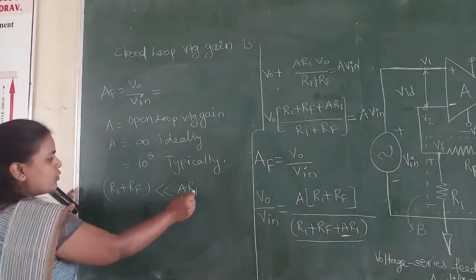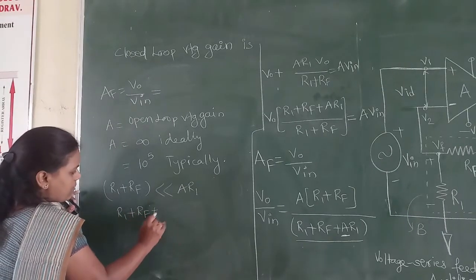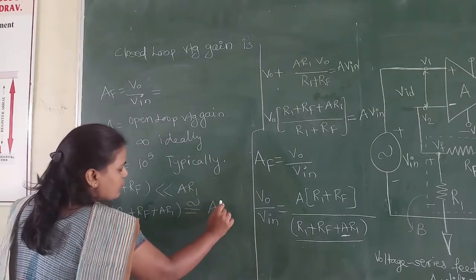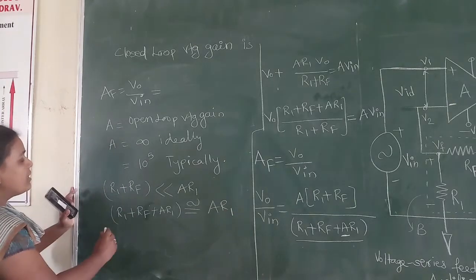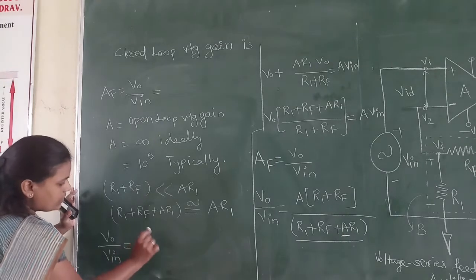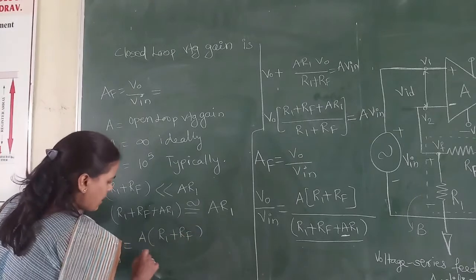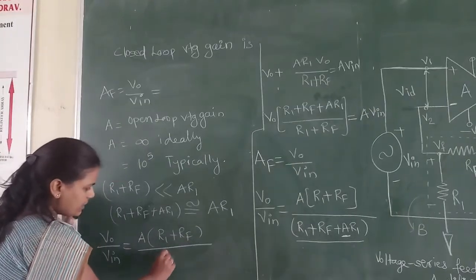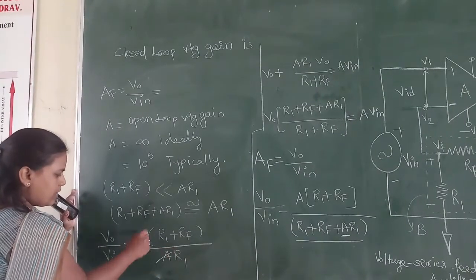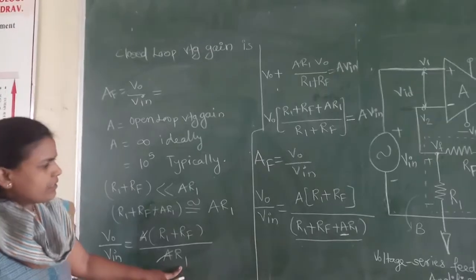If this is very small, the total R1 plus Rf plus AR1 will be approximately equal to AR1, and hence V0 by Vn can now be written as A into bracket, numerator remains as it is R1 plus Rf, but at the denominator it is AR1. So V0 by Vn is equal to R1 plus Rf divided by R1.